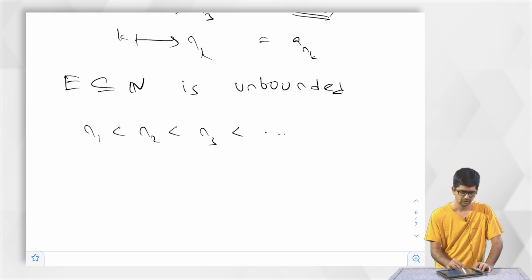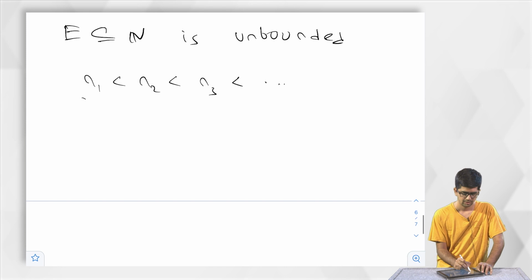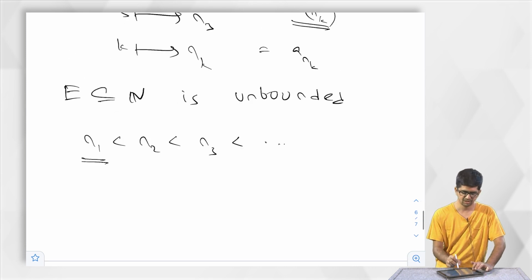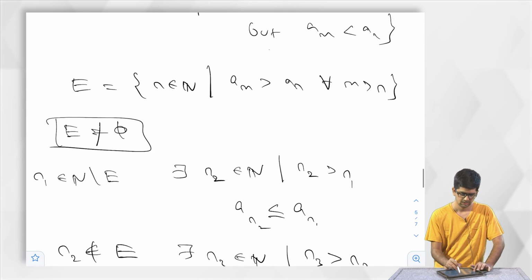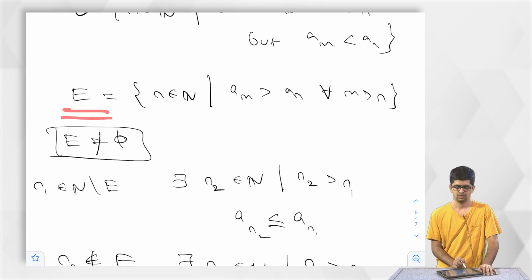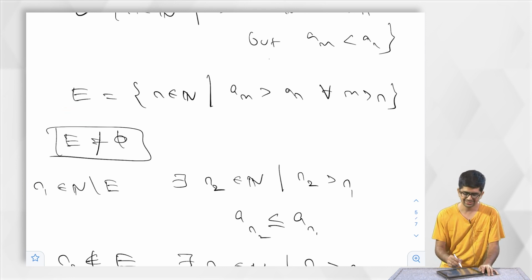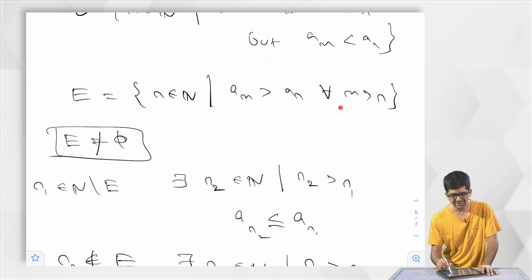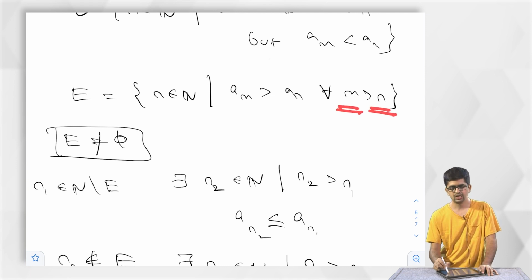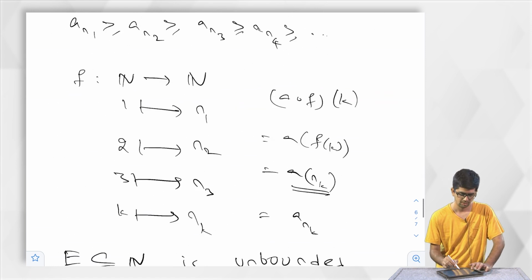Now n1 is an element of E. What does it say? It says for every m greater than n1, a_m is greater than a_n1.